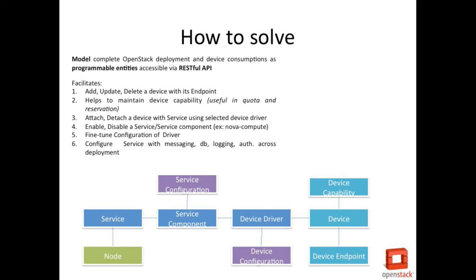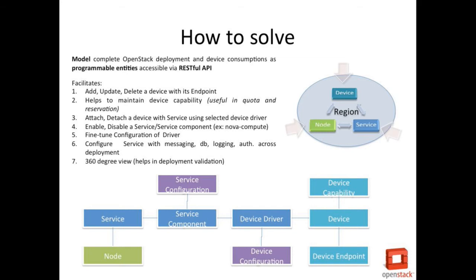Anyway, the OpenStack community gives the complete set of configuration. On top of this, once the model is in place, it gives you a 360-degree view of the deployment. What it means: I deploy my service, and I want to know where all my components got deployed.